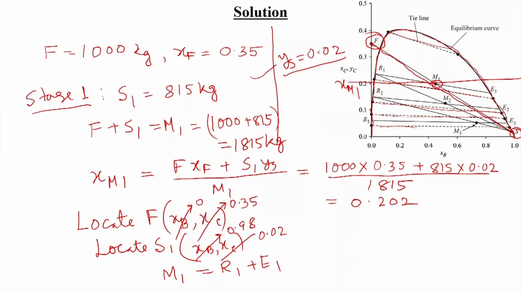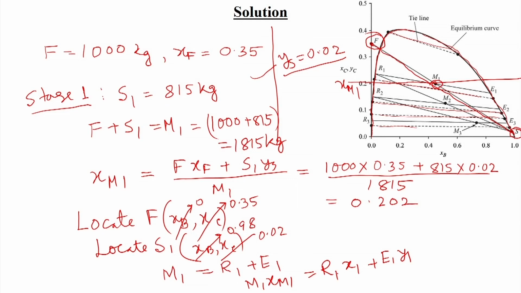And we know that M1 into xm1 is equal to R1 into x1 plus U1 into Y1.